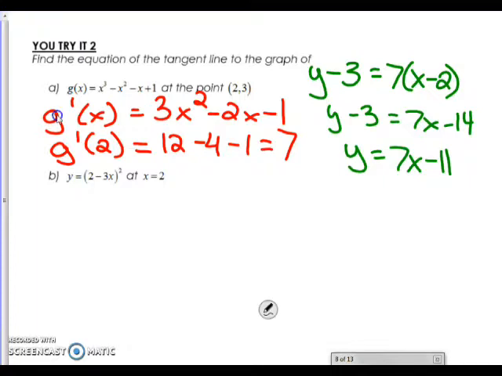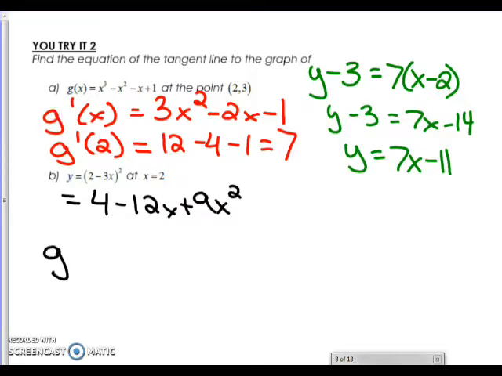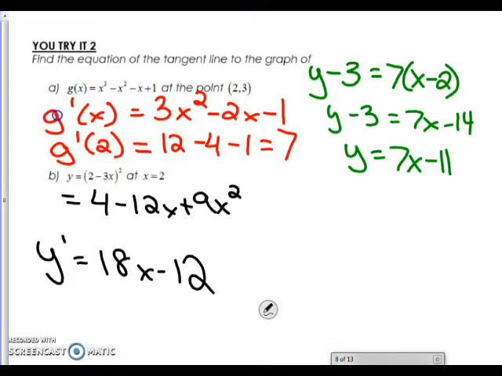And then for B, you would have had to rewrite that twice and FOIL it out, right? So hopefully when you FOILed it, you got 4 minus 12x plus 9x squared. Then you should find your derivative, not a g this time, it's a y prime. For the derivative, I got 18x minus 12.